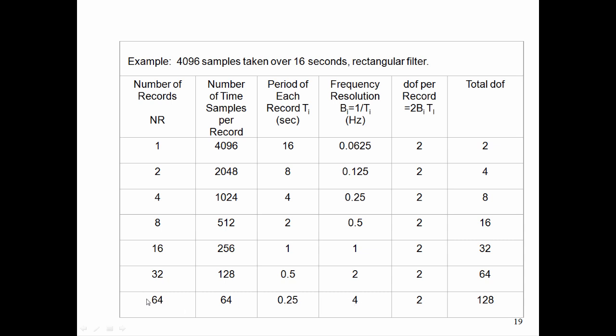So in that case, for our 4,096 points, this final row here might be a good choice. And actually, we could have added several rows to this as well, but decided to cut it off after 64 records just for brevity. But a delta F of 4 hertz would be typical for shaker table testing.